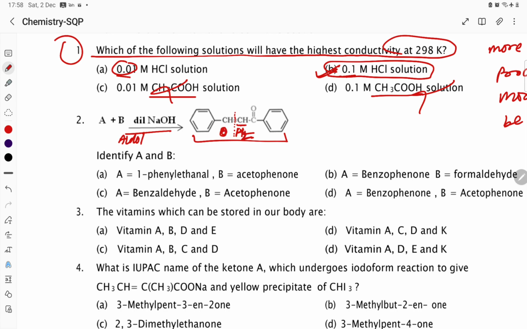Always keep this water loss in mind, student, because in a condensation reaction there is the loss of a water molecule. So here it will be O and this will be H2, so that is lost. The first one is a simple aldehyde, and this one is acetophenone.